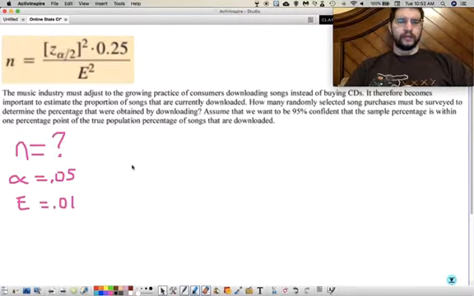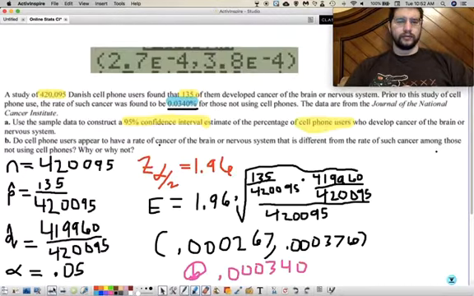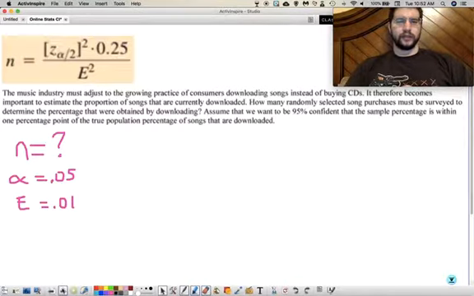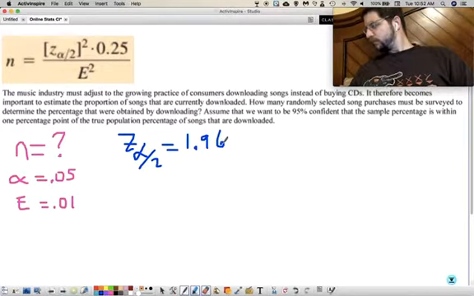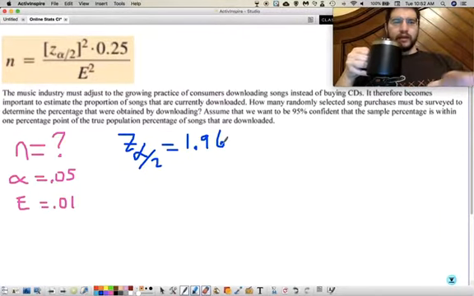So let me get my z-score, which we literally just did, it's 1.96. See, right there, alpha 0.05. The z of alpha over 2 is 1.96. I'm not going to go through that again. Now we need to plug it into this formula.